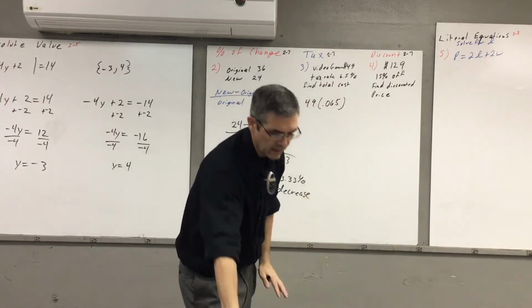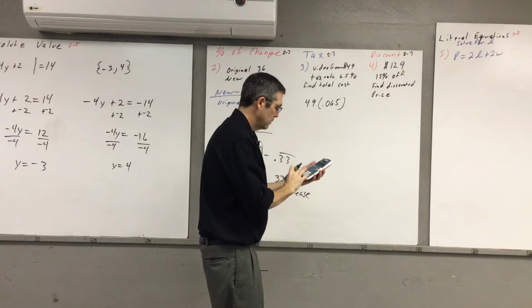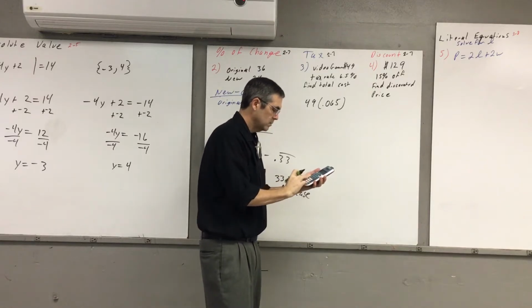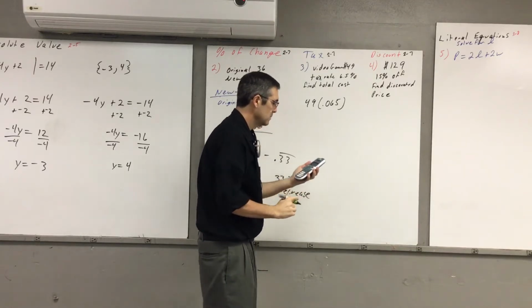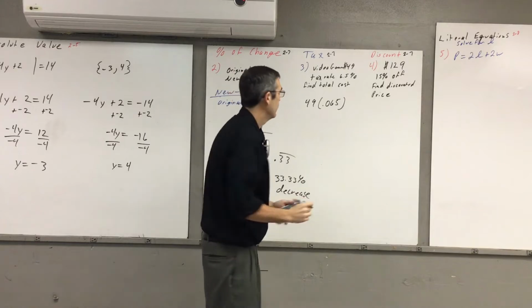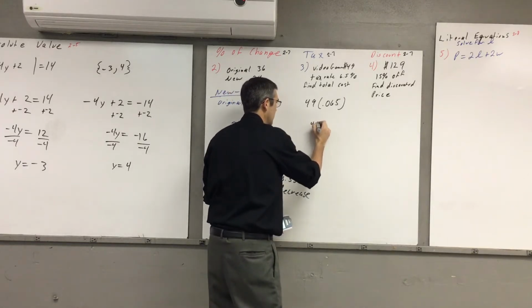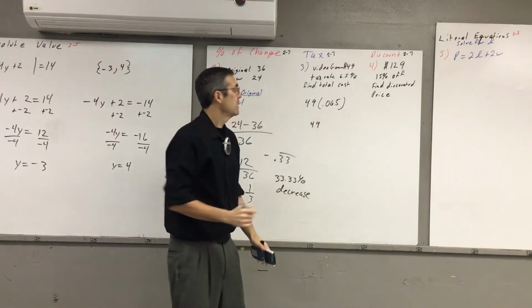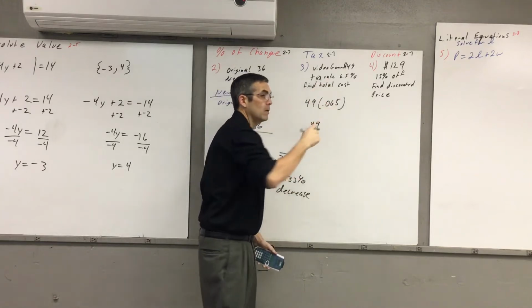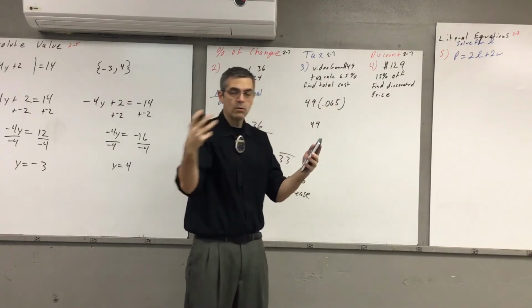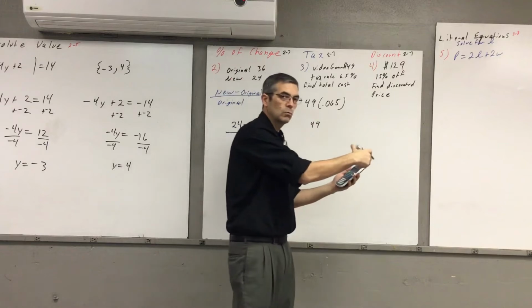Okay, now I'm going to use a calculator because I don't want to do that. All right, so 49 times 0.065 gives me 3.185. So I'm going to take the 49, and because this is tax, when you're being taxed on something, you're adding that tax rate to the original number.